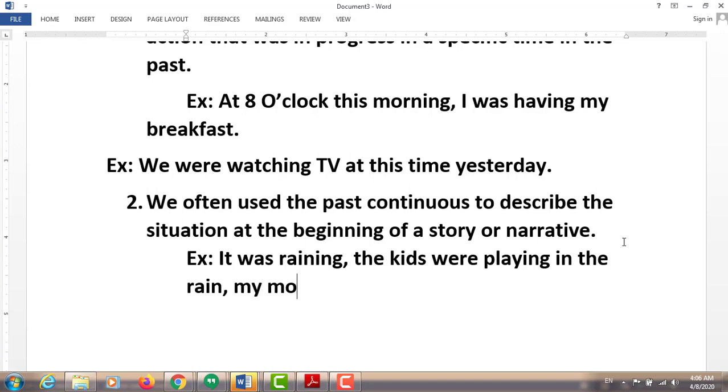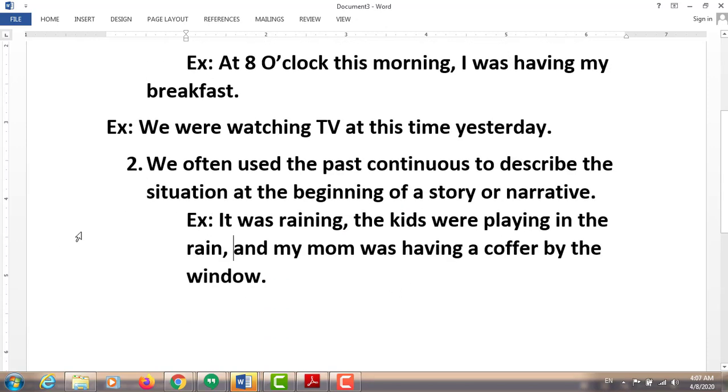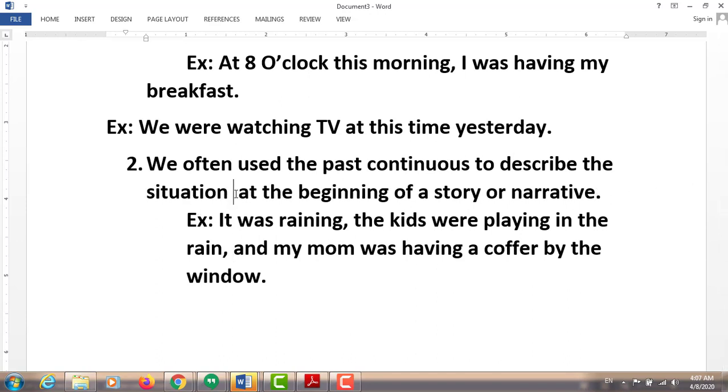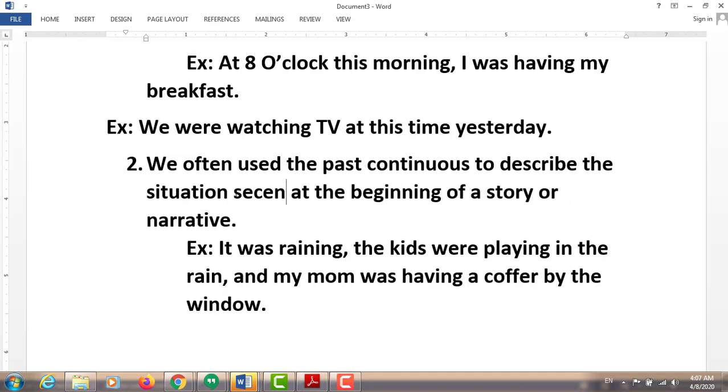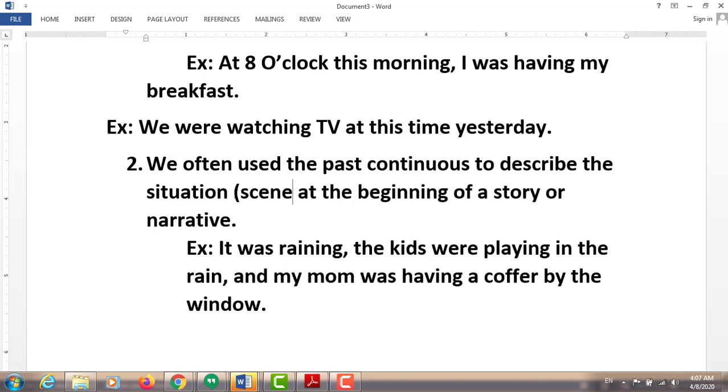My mom was having a coffee by the window. Look at this one, guys. My mom was having a coffee by the window. من اینجا چی کردم؟ یک صحنه را تشریح کردم. Describe a situation. I will not change it, I will just write in brackets: a scene at the beginning.